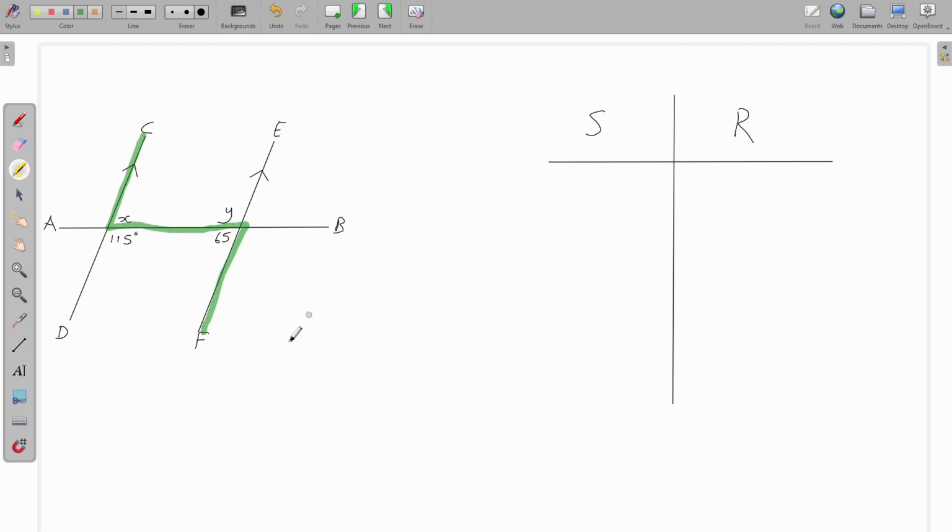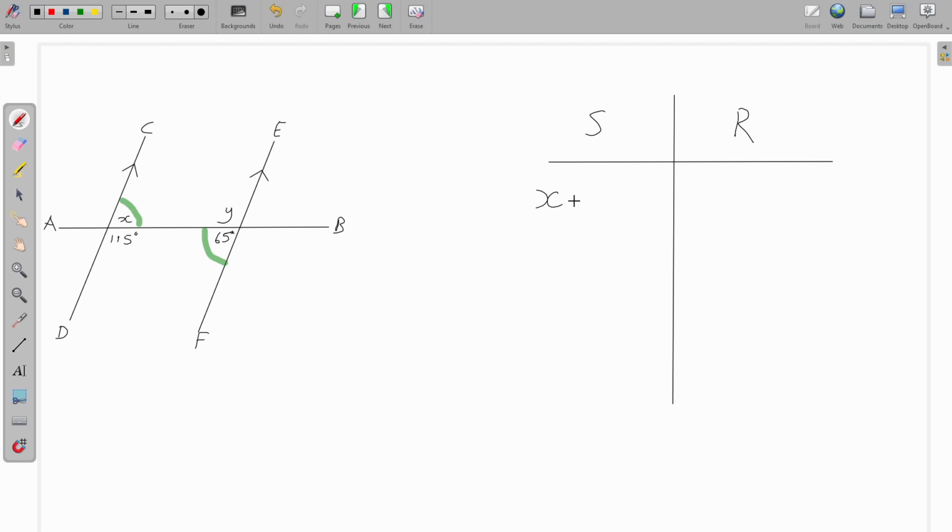If I have a look at it from that perspective, I have what's basically an elongated backwards N. Are the legs of it parallel? Yes, they are. Which means that X and 65 are alternate angles.